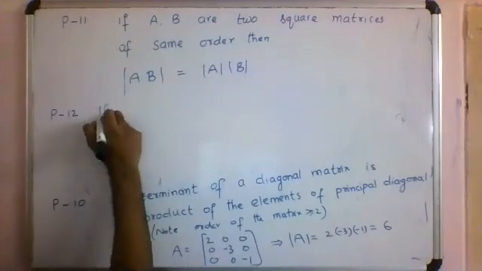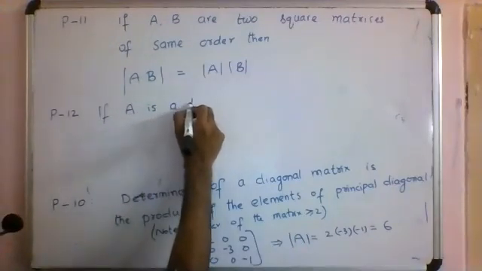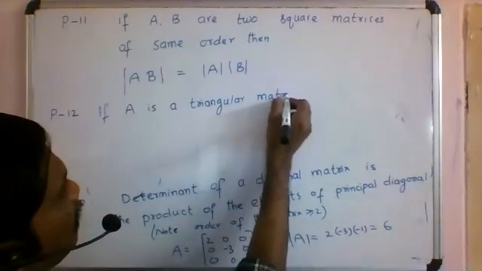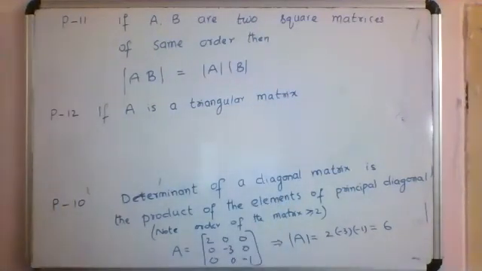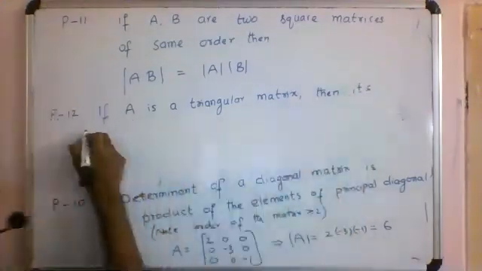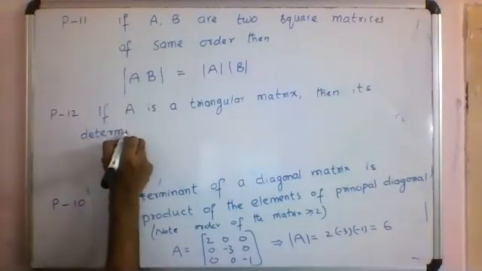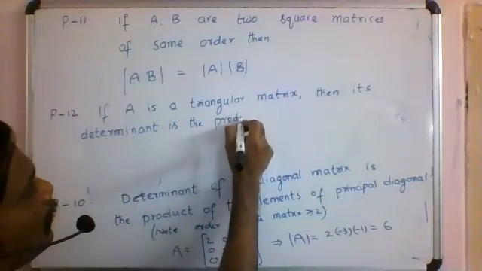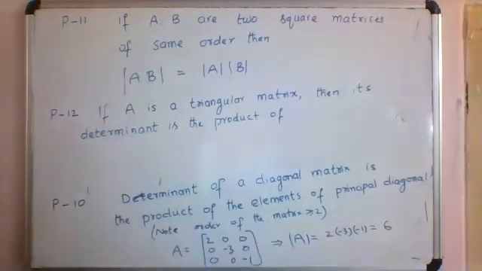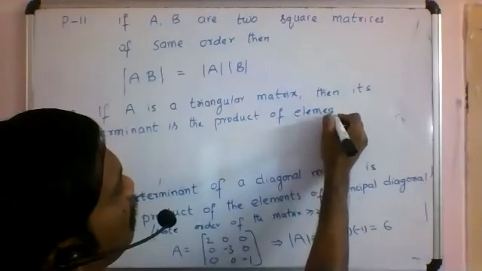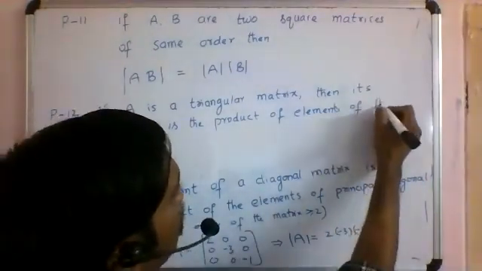If A is a triangular matrix, meaning either lower triangular or upper triangular, anything, then its determinant is the same as for a diagonal matrix: the product of the elements of the principal diagonal.